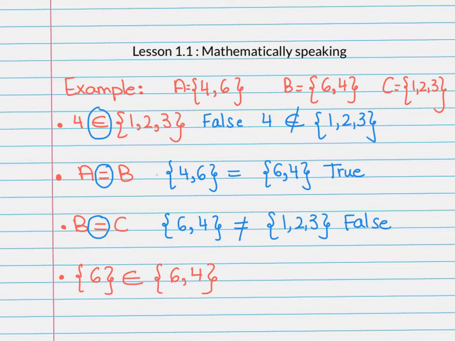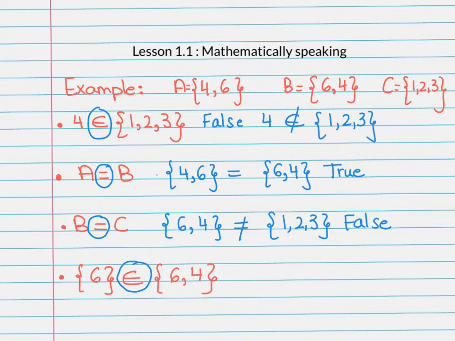Statement 4, let's look over here. It says the set that has the element 6 belongs to a set that has the elements 6 and 4. First of all, make a circle around the symbol that you are using. I'm using here the symbol belong. Belong is used between an element and a set.